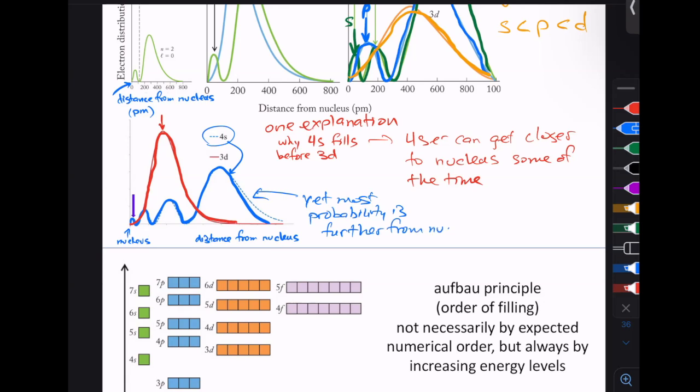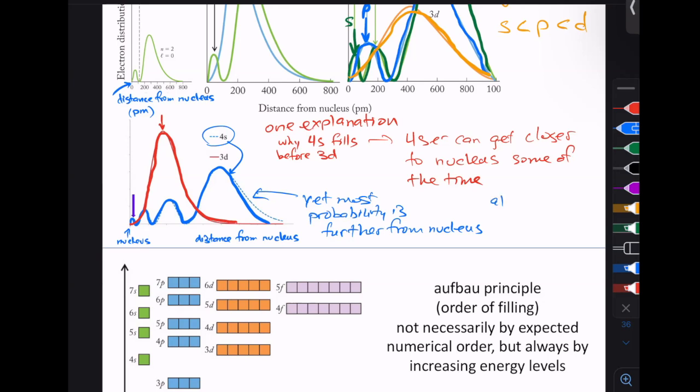And that corresponds to another trend that I pointed out to you earlier, which is that in general, the higher energy levels that an electron's in, especially the principal energy level, is further from the nucleus. You saw that in the Bohr model of the atom. As you got to higher energy levels, principal energy levels, the electrons in general are farther from the nucleus, okay?